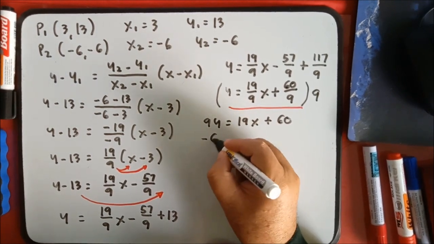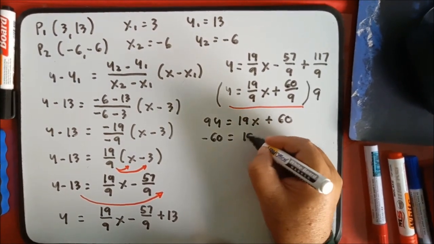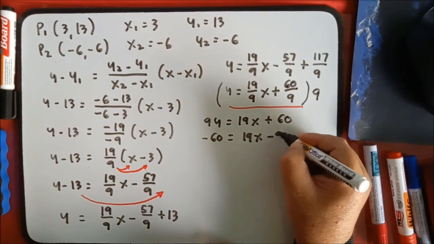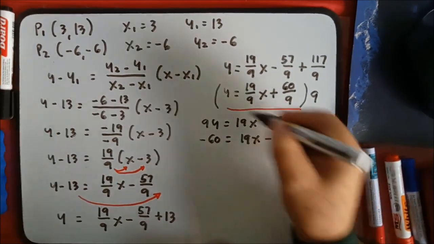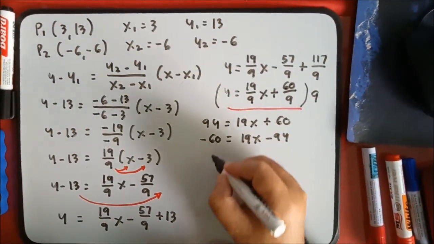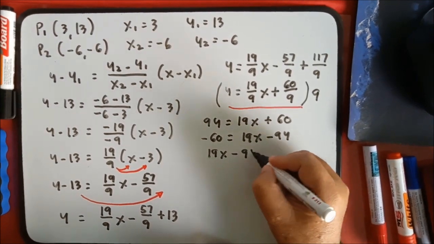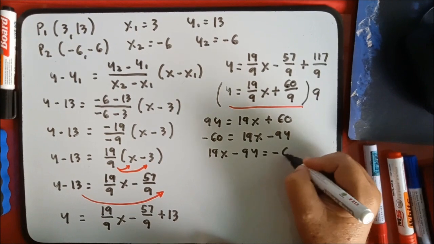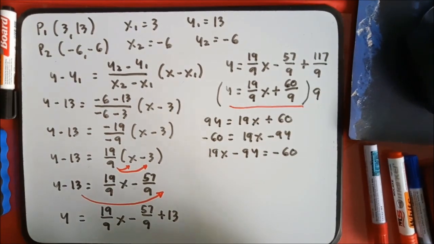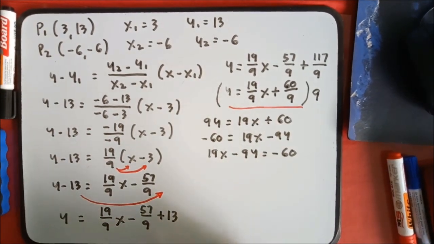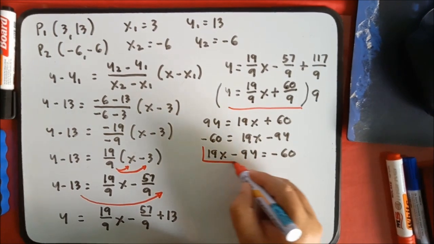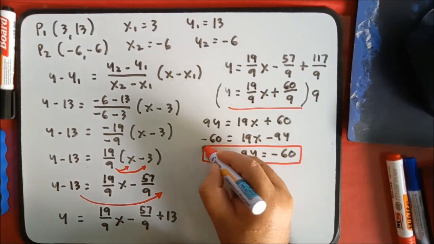This will become negative 60 is equals to 19x minus 9y. Or, symmetric property of equality, 19x minus 9y is equals to negative 60. So this will be your standard form of linear equation.